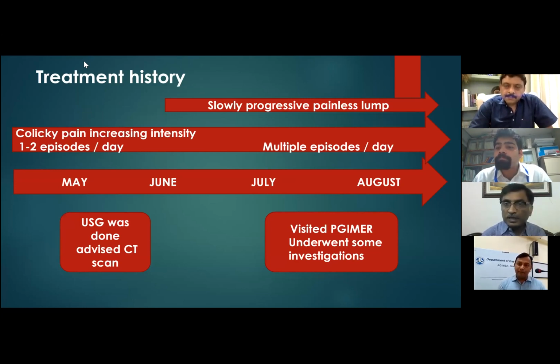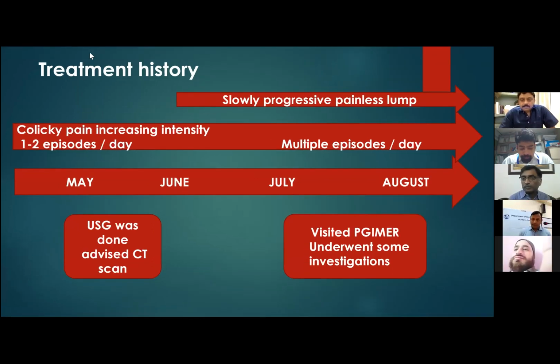For the audience's sake, I'm speaking out that it is very important to judge the character of the pain. To describe a colicky type of pain, the character should be crescendo-decrescendo, and the timeline is also important. Within seconds to minutes, it increases and decreases.